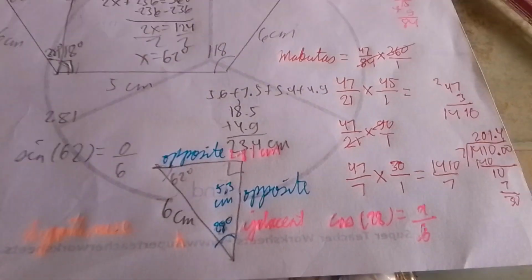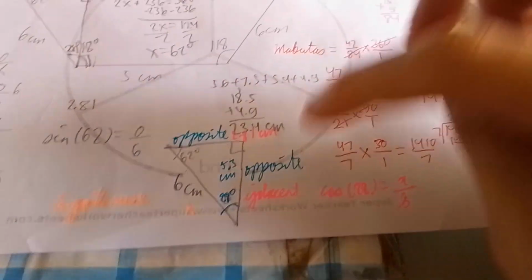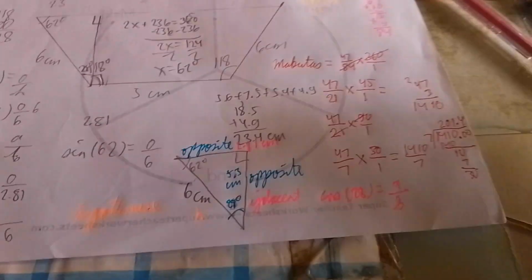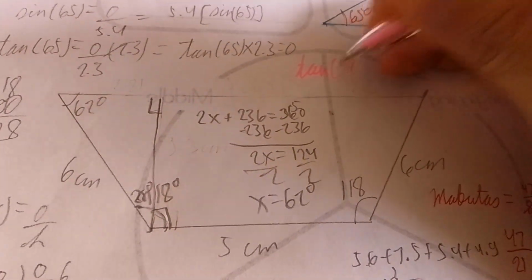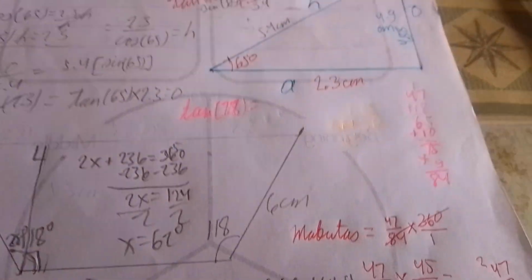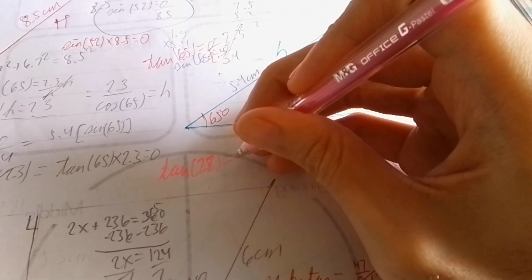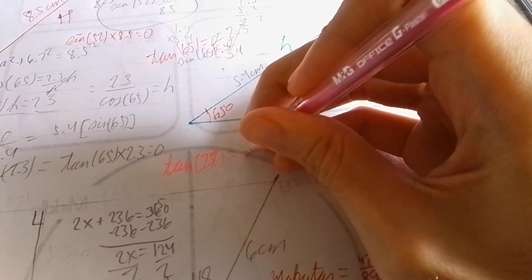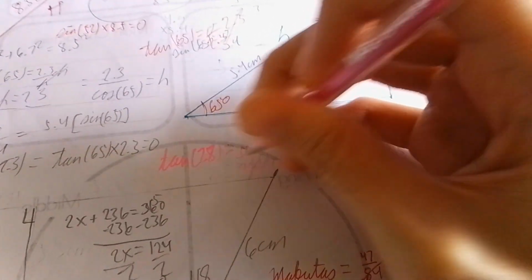Now, if we are gonna play, let's say naman, let's play tangent. Remember, ito yung opposite, tapos ito yung adjacent. So, tan of 28, ganito yung formula. Tan 28 is equivalent to opposite. Remember, opposite, we don't know. Over adjacent.